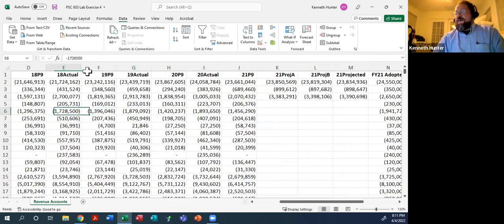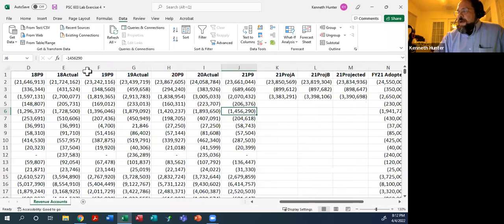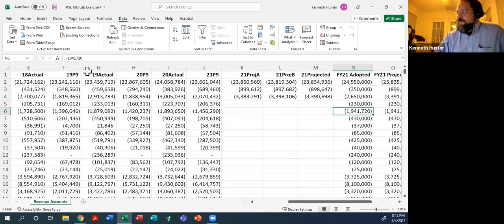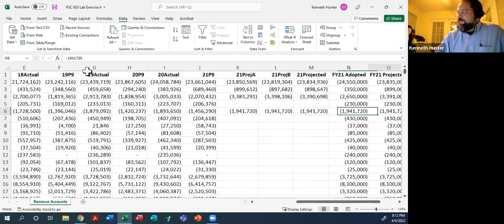There are those that you have to be wary of, like payment in lieu of tax. That's a set amount. So if I include this in there, I will set in the notes that this is a set amount, and I'll give more instructions. So I know that my projection is going to be whatever the actual budget is, because that's tax based on taxes that we're collecting from our utilities. So I know that's going to be the actual amount.